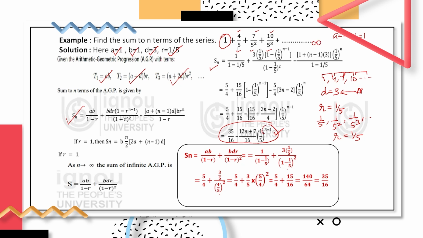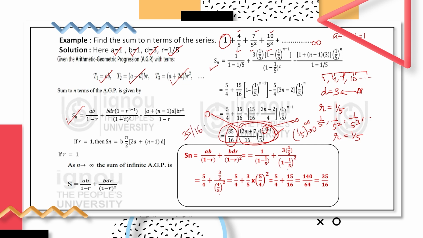So, if n goes to infinity, then 1 by 5 to the power infinity tends to 0. As a result, this part will be 0. Hence, the overall answer will be 35 by 16.